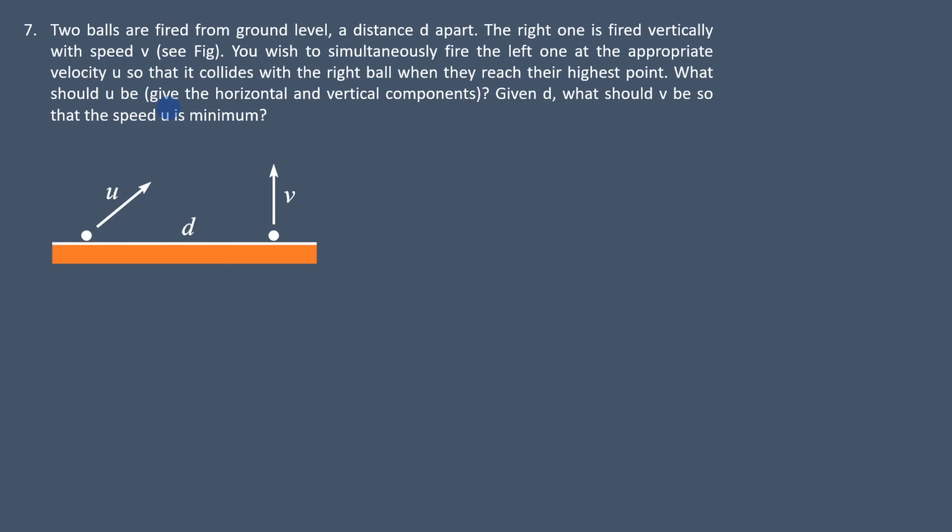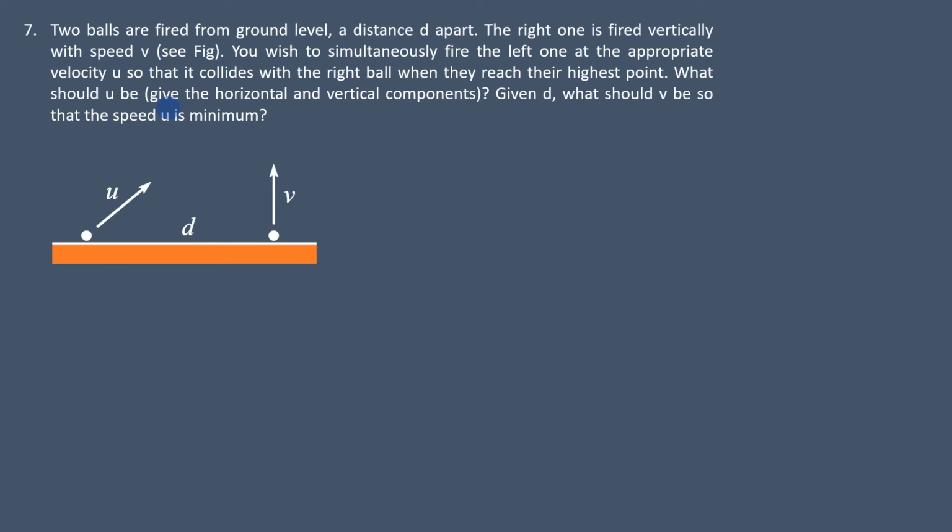You wish to simultaneously fire the left one at the appropriate velocity u so that it collides with the right ball when they reach their highest point. What should u be? Give the horizontal and vertical components. Given d, what should v be so that the speed u is minimum? Let's make a solution for this problem.